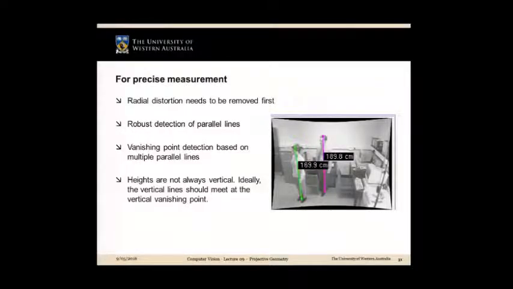Ideally, the vertical lines should meet at the vertical vanishing point, so you need to take care of this property as well. If it's a tilted height, and the lines are parallel, then you need to take care of that particular property as well.